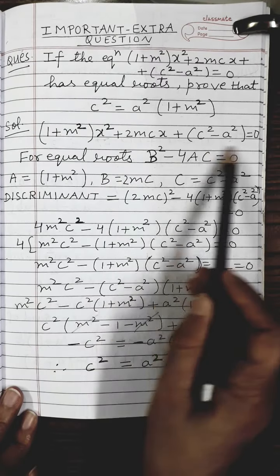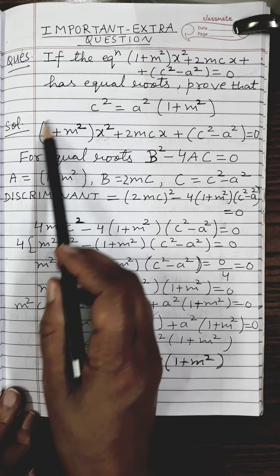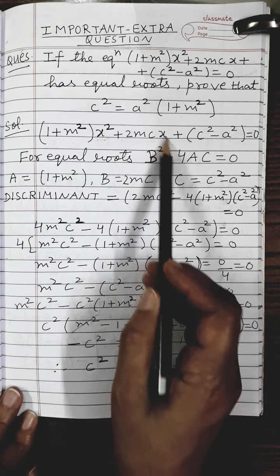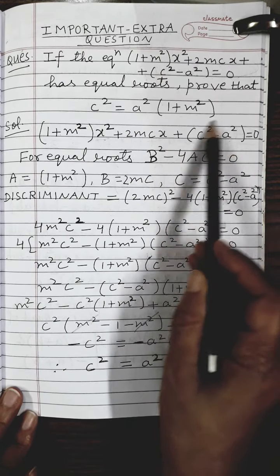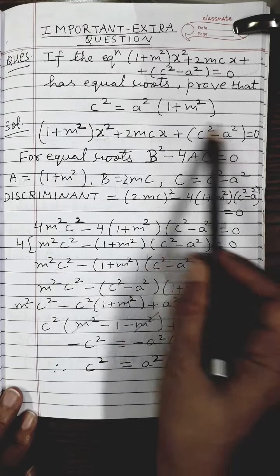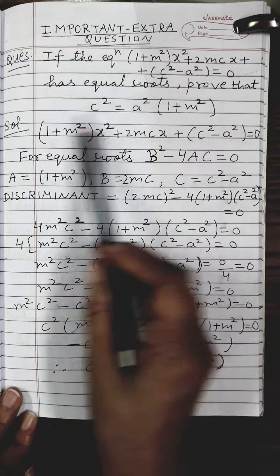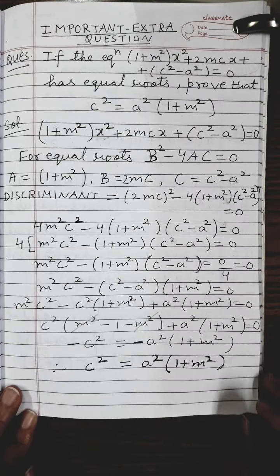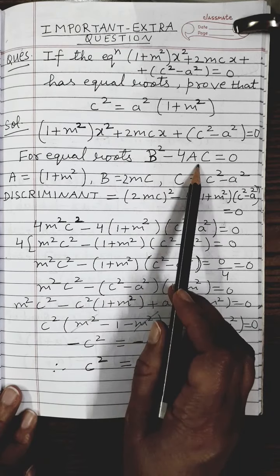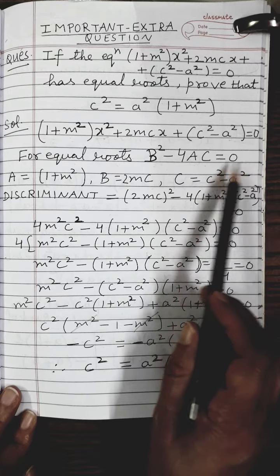So this equation is a quadratic equation of the form ax² + bx + c = 0 and it is given that this equation has equal roots. You know from nature of roots, when an equation has equal roots, then the discriminant, that is B² − 4AC, is equal to 0.